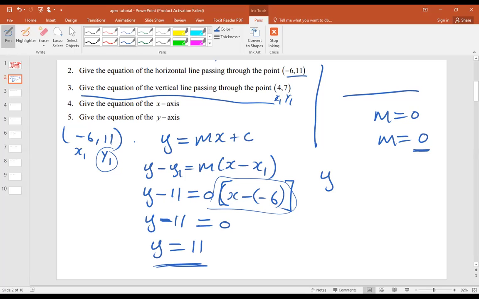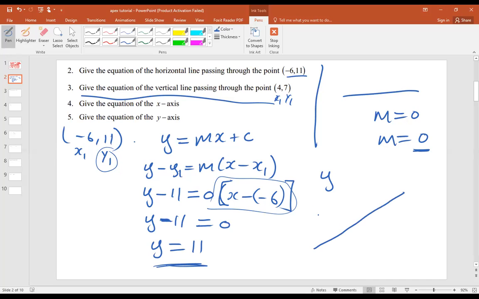All right, so what made me know that the gradient is equal to 0 is, I think you just have to know that every horizontal straight line has a gradient which is equal to 0. You understand this better when you do calculus. Because if the gradient is equal to 1, the line should be like this.